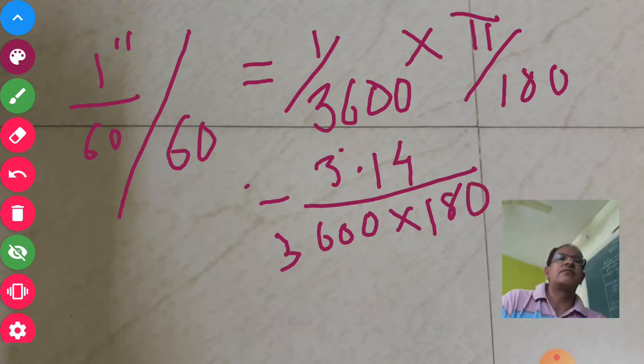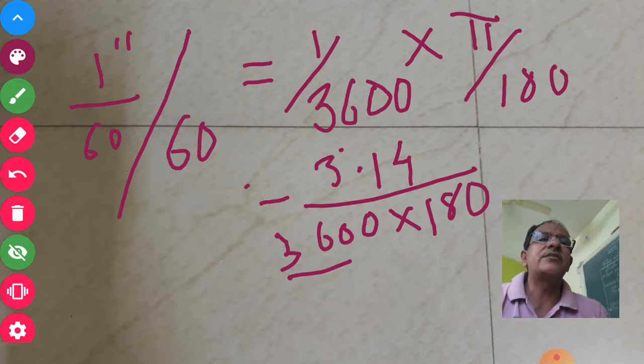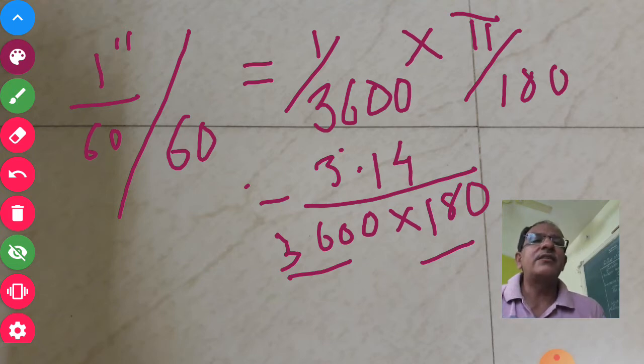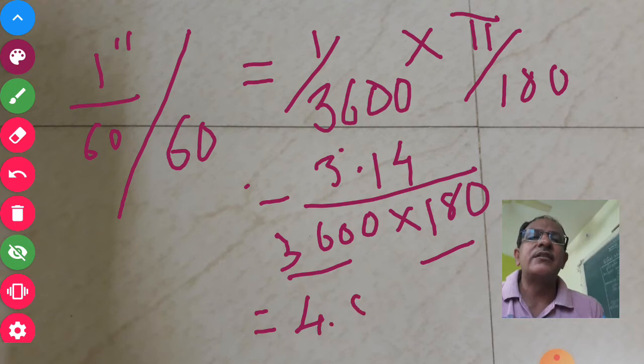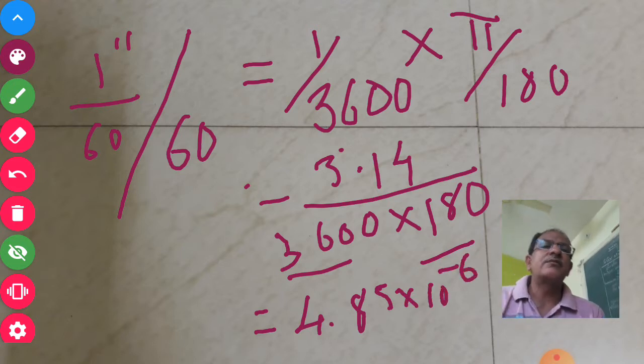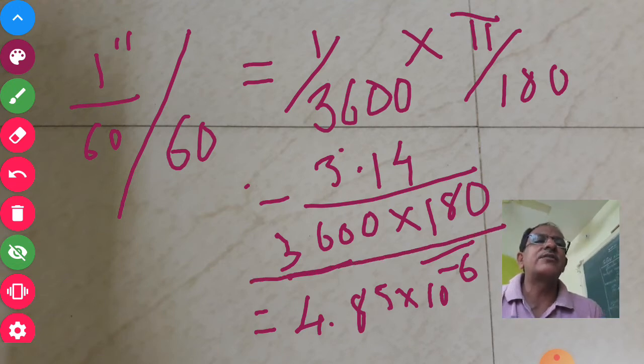So just divide 3.14 by 3600, and whatever answer comes, divide that by 180. You can use a calculator and you can get the answer, that is 4.85 into 10 raised to minus 6. So this is a very easy calculation. By using a calculator you can do this whole thing.